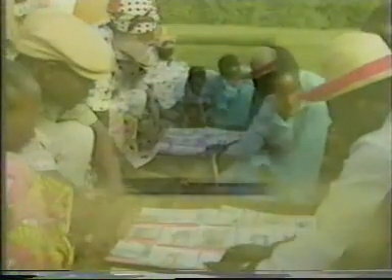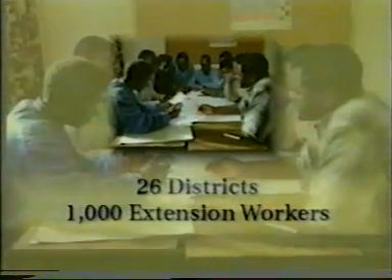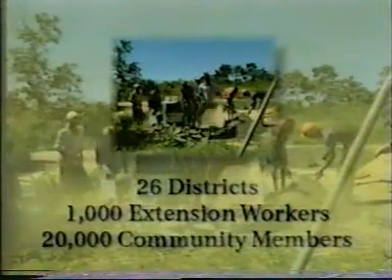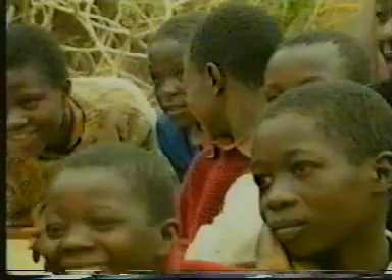Pilot tested in 26 districts with over 1,000 extension workers trained and more than 20,000 community members taking part, extension workers have experienced an enthusiastic response from the communities, and health workers are seeing the impact. FAST has made a difference.